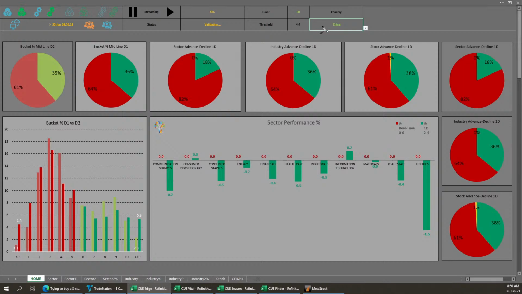So I changed the country code in QH to China, and it is going to validate and retrieve the data and present me the China market industry sector rotation detail. Let's give it a few seconds.